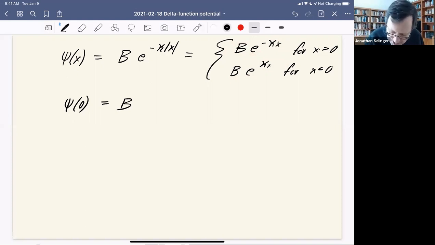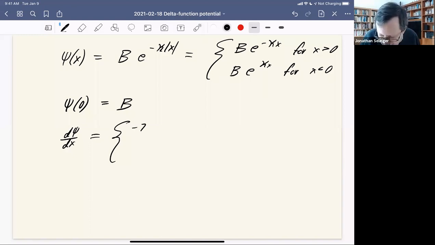What about the derivatives? d psi dx, I need to differentiate in each of these two cases separately. So it is negative kappa b e to the minus kappa x for x positive, and it is kappa b e to the kappa x for x negative.